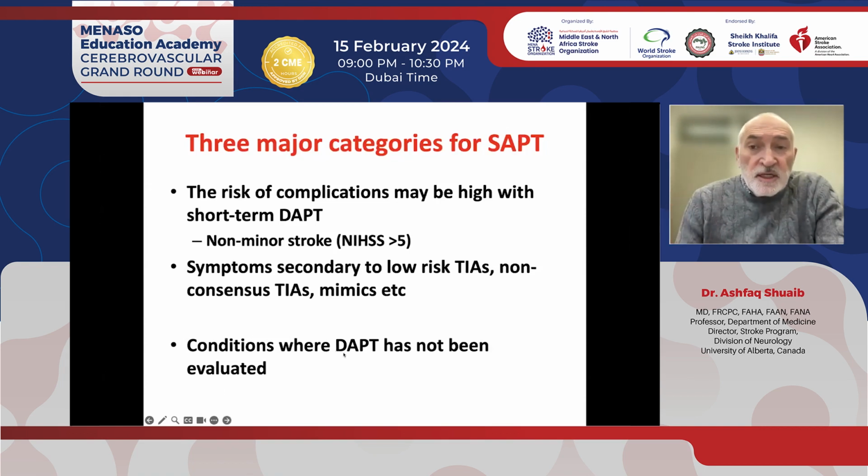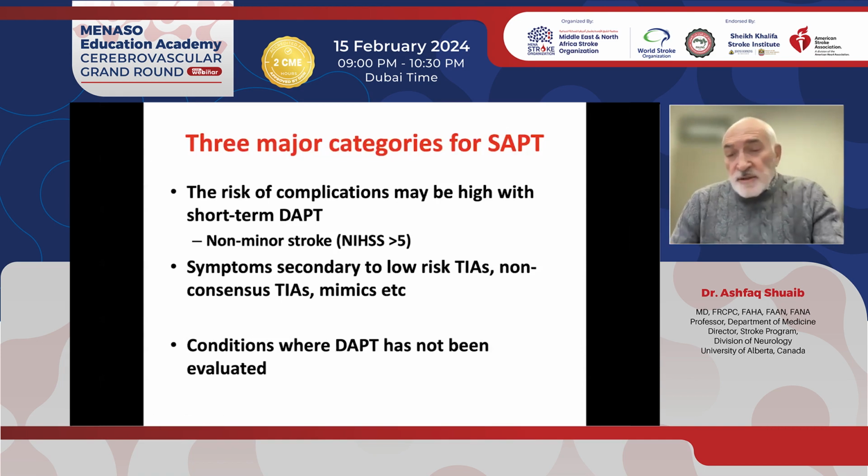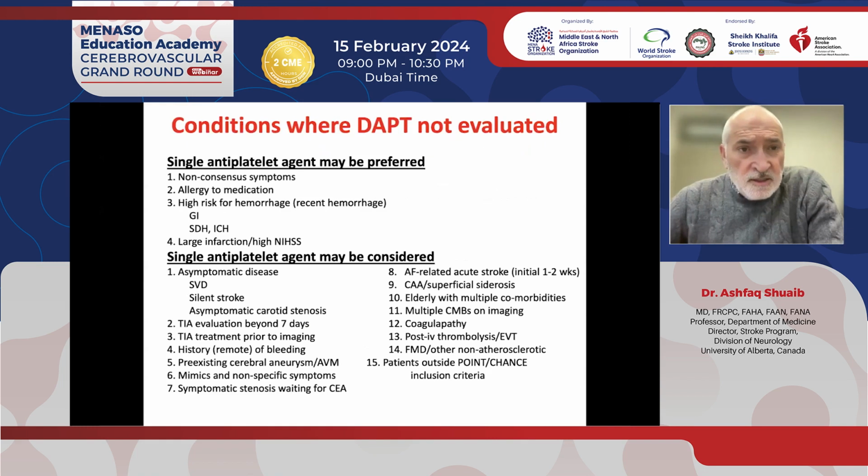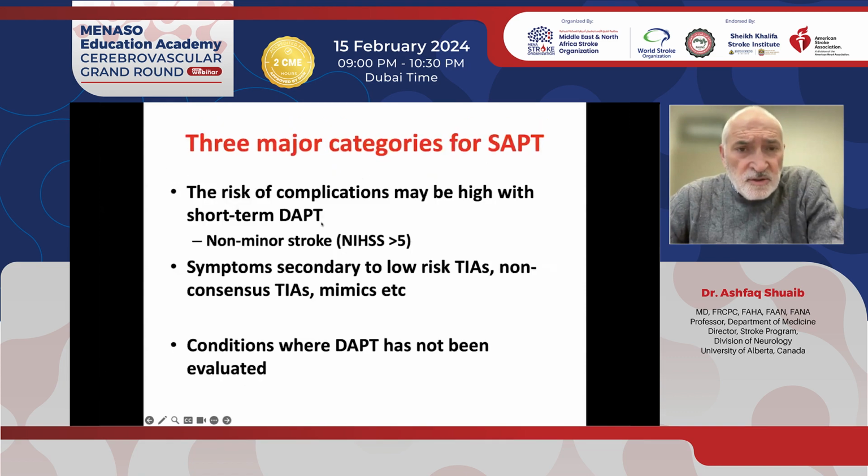Patients with recent bleeding, patients who are going to go for endarterectomy, patients with an aneurysm, for example. So this is a very large group of patients in whom DAPT has not been assessed, but it's not important. As long as you keep this in mind, that anyone with a large stroke, anyone with a TIA that is not high risk, you should consider a single antiplatelet agent.